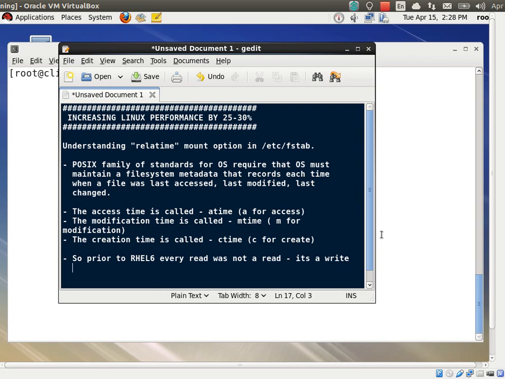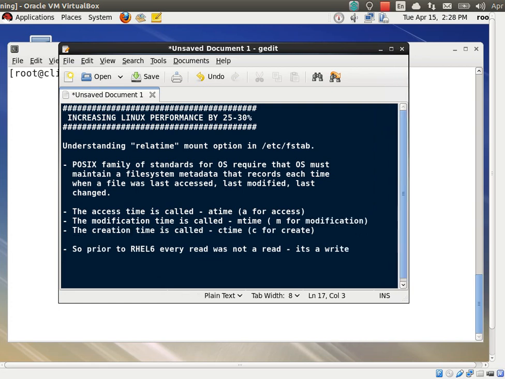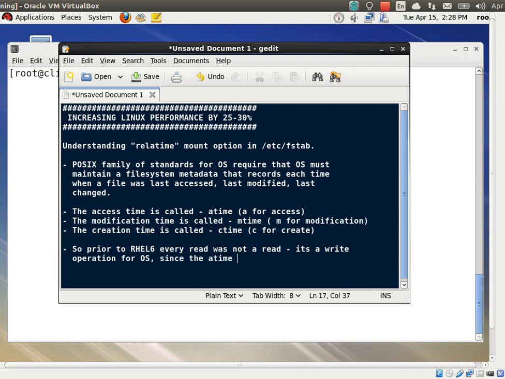I hope you are understanding this thing. It's a write operation for the OS since the atime needs to be modified in file system metadata.